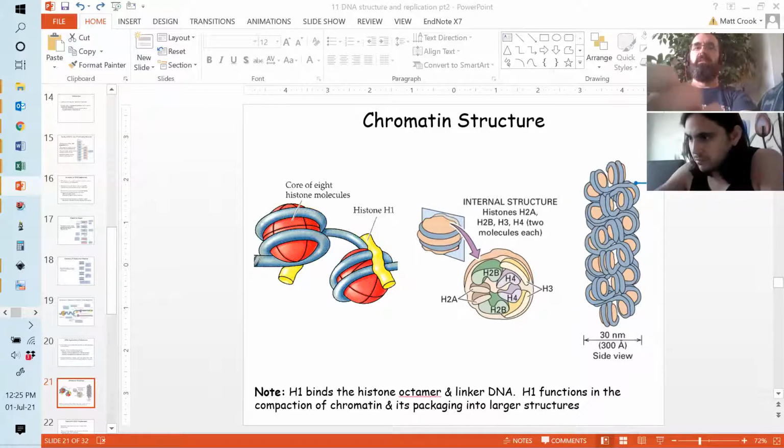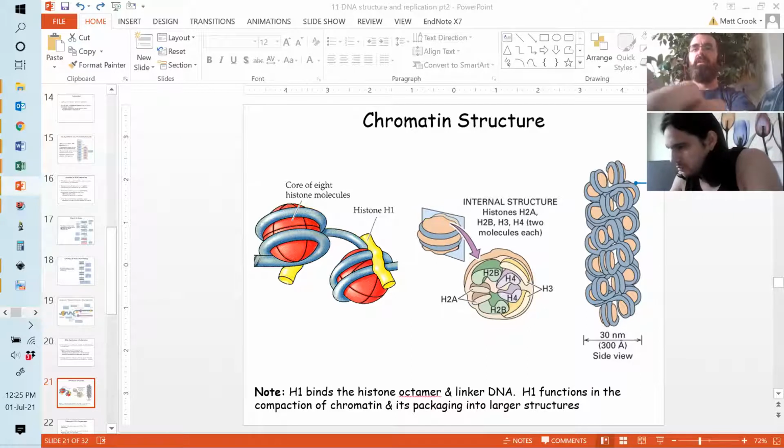Sometimes it's from the beginning of one core particle to the end of another, which equals around 200 base pairs plus histone H1 protein. So language is a little bit fluffy about this and it can trip me up. Last semester when I was writing an exam, it led to confusion.